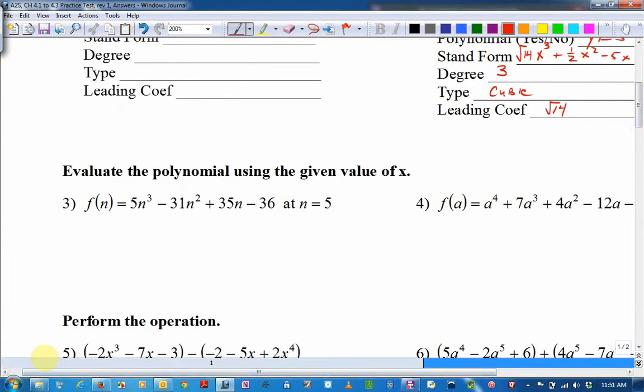Okay, let's go to the next question. This says evaluate the polynomial for the given value of x. So I'm going to put a 5 into all the, actually I guess it's n in this case. So let's go ahead and put 5 in for the n. So I would have 5 times 5 cubed minus 31 times 5 squared plus 35 times 5 minus 36.